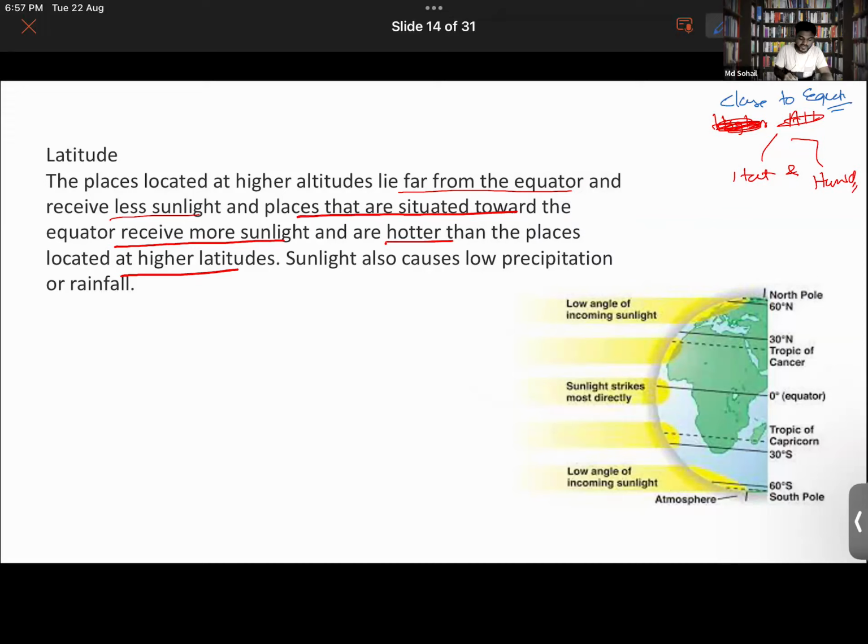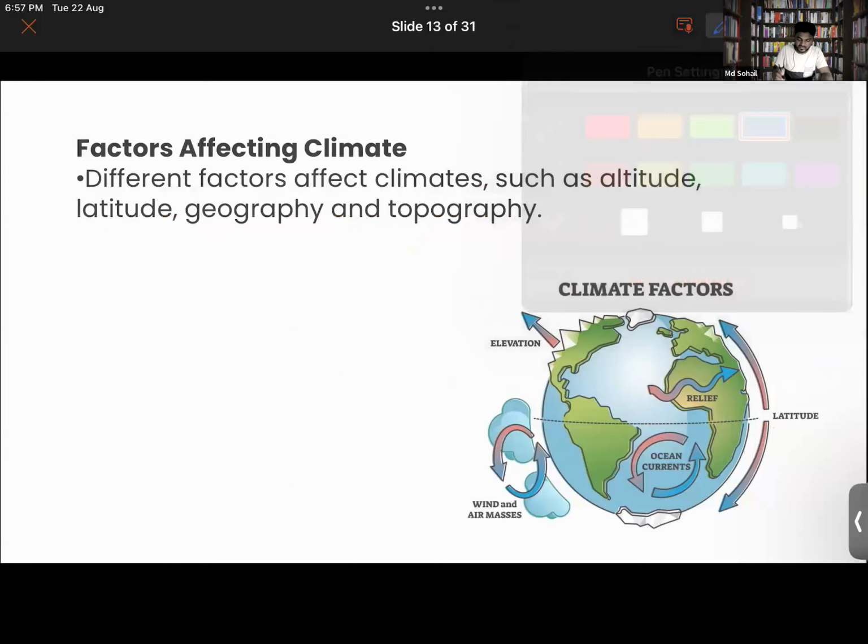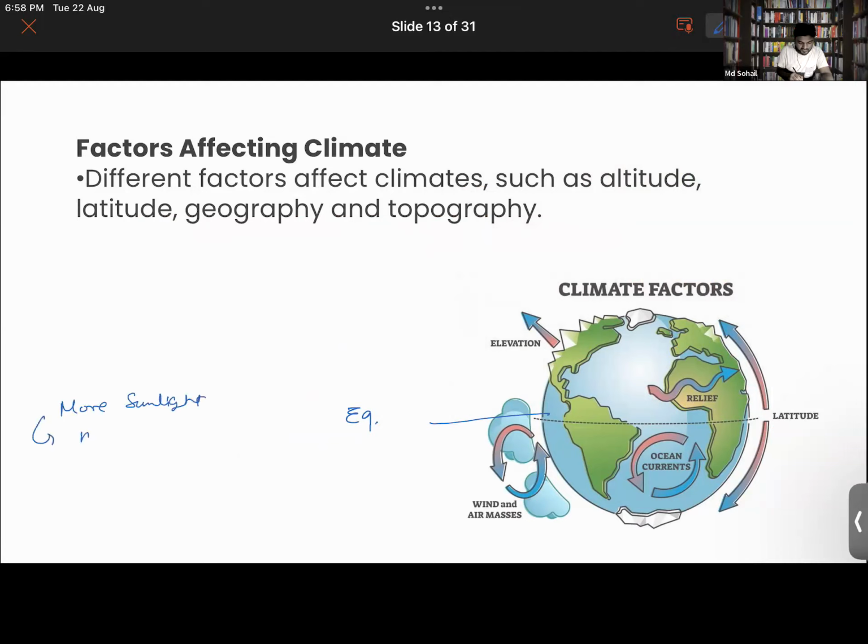So you know sunlight also has a role to play in precipitation now, right? So the places that are close to the equator, since more amount of sunlight is falling here, there will be more amount of evaporation, hence more precipitation. More sunlight means more evaporation.